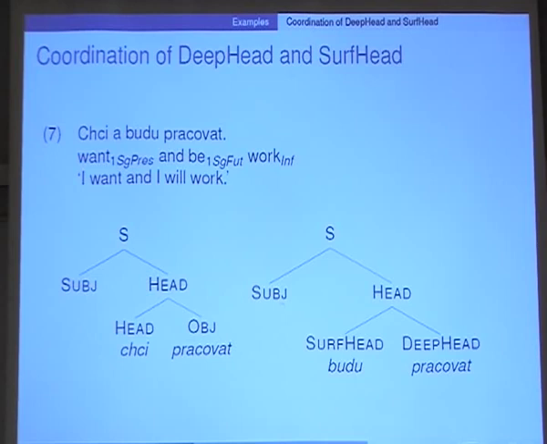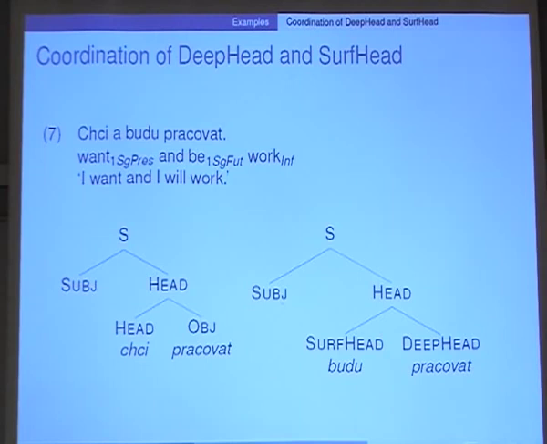There are very complex, complicated cases of coordination of deep head and surface head. This is one of the problems which should be tackled. The sentence chci a budu pracovat is quite a complicated sentence because of an ellipsis which is inherently involved in the sentence.